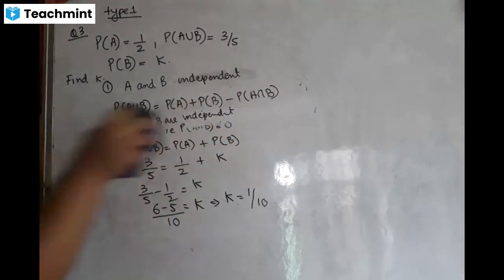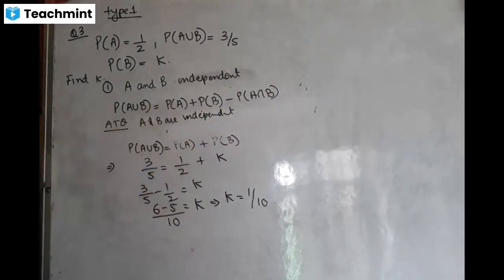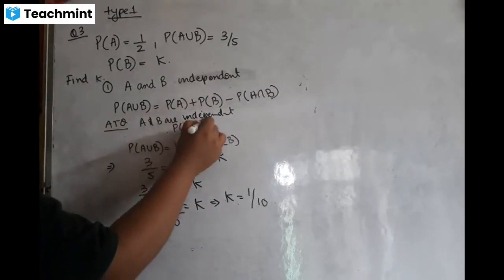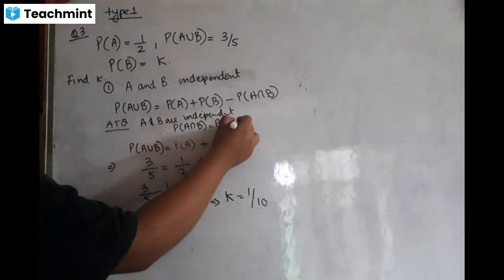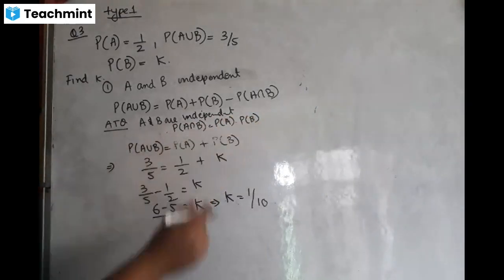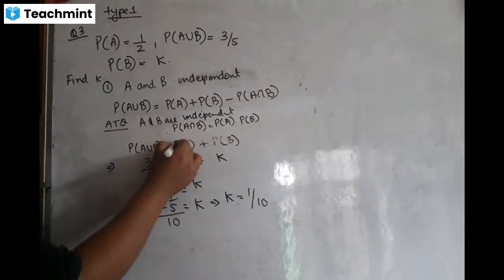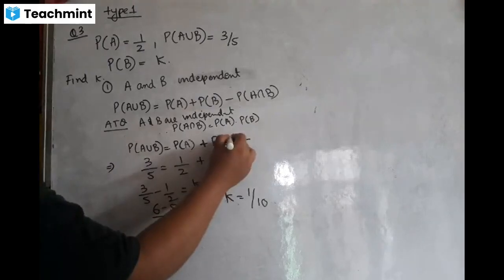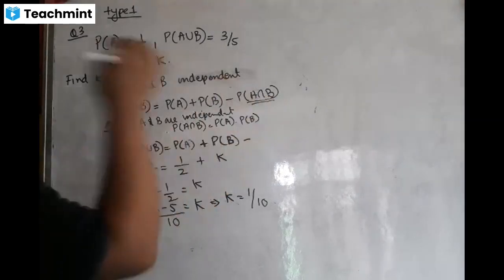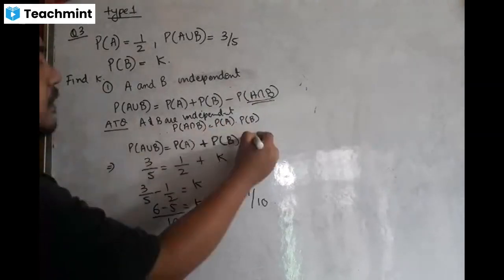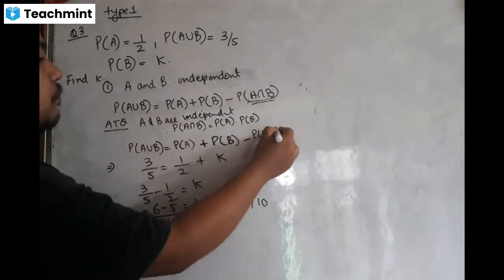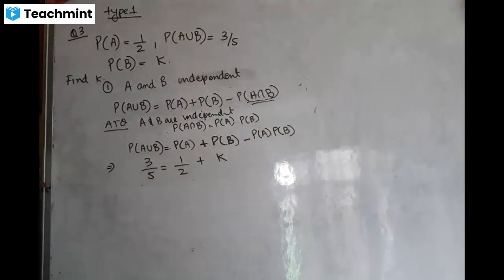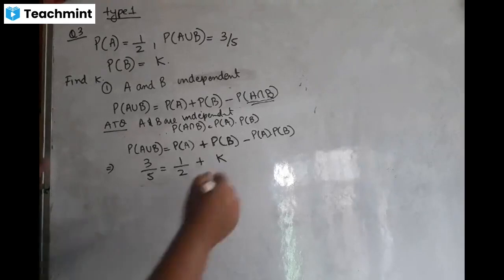So independent means the probability of A does not depend on the probability of B. That means probability of A intersection B means probability of A into probability of B. So the formula will become probability of A plus probability of B, this as it is, minus, instead of this probability of A intersection B, I can write probability of A into probability of B. So what will be the value?